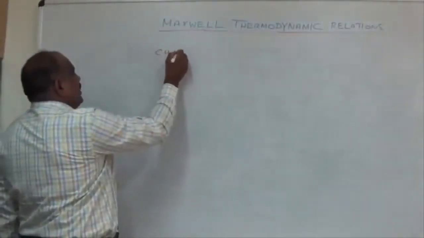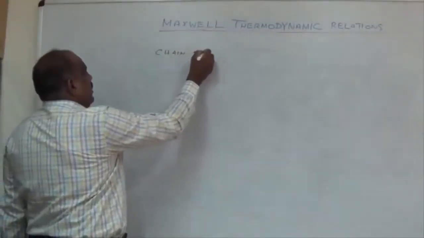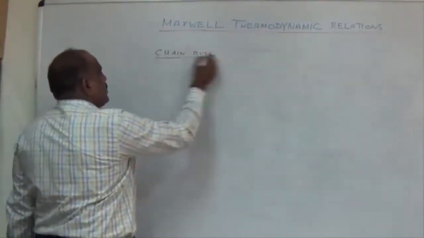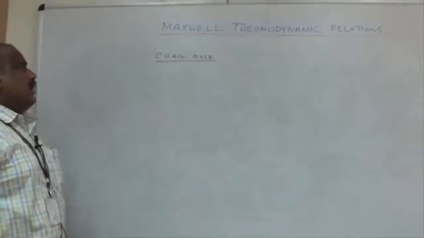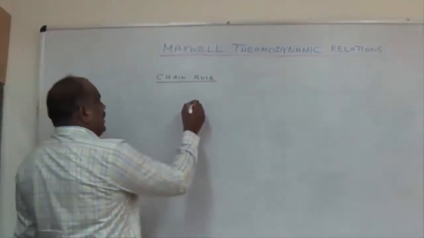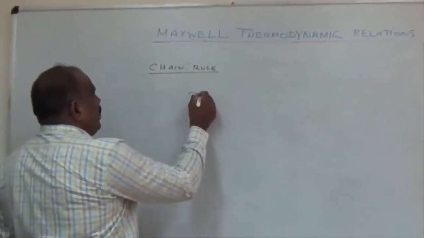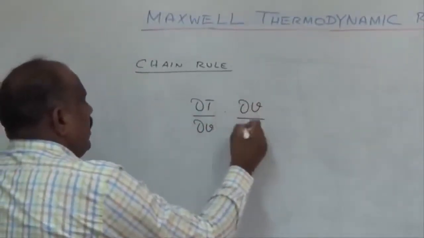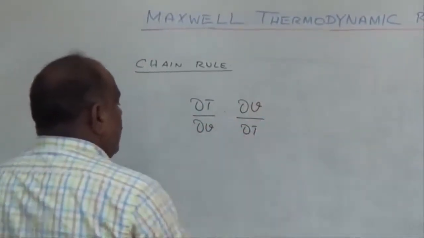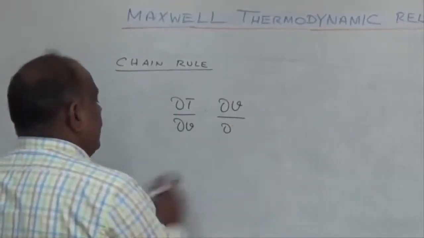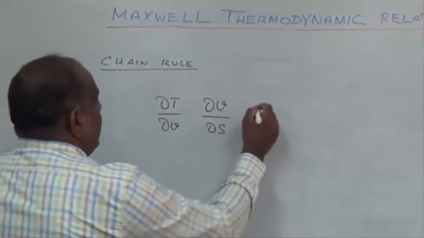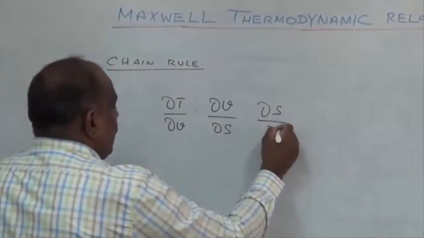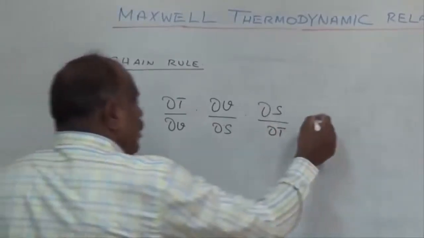So far what we have seen is called the cyclic relation, and one more rule is called the chain rule. For example, the chain rule deals like this, that is ∂T/∂V into ∂V/∂T. Let's take the third variable as S and ∂S/∂T. Now this value will be equal to 1.